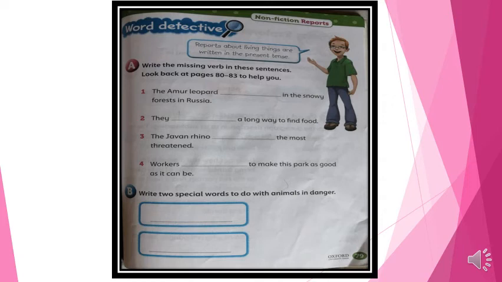And keep in mind that all the verbs are in the present tense. Come to B part, write 2 special words to do with animals in danger. So what are the 2 words which you can use for animals that are in danger? Take your time, write the answers correctly. I am waiting for your answer.